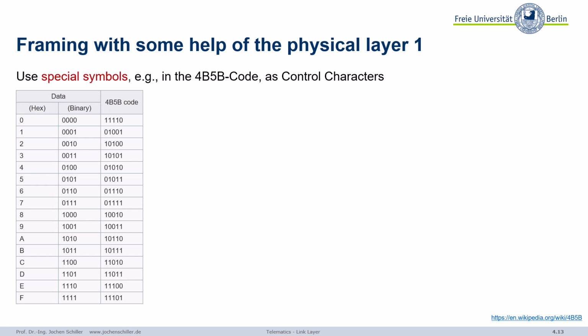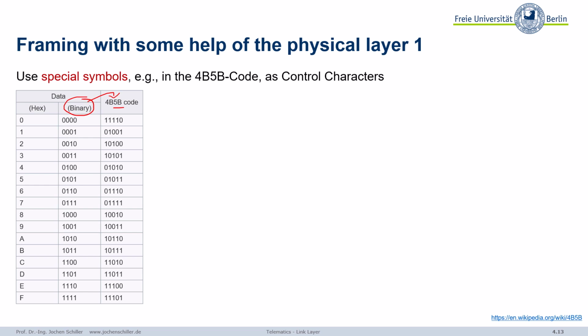How? Think back, I talked about 4B/5B codes or 8B/10B or whatever. So this means we map our data, 4 bits in this example, to code words with 5 bits. That gives us some freedom. So for DC freeness and for coding, we said, okay, no matter how we combine, we never have more than 3 zeros.